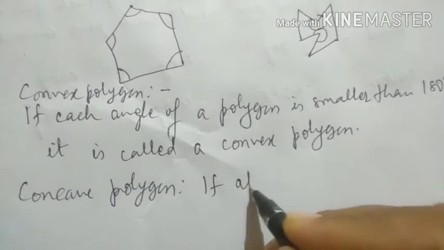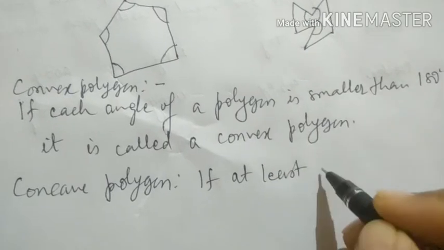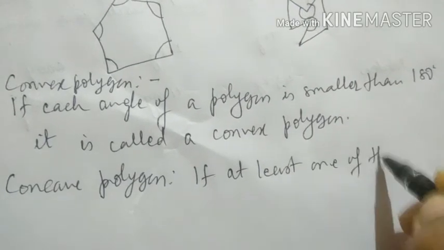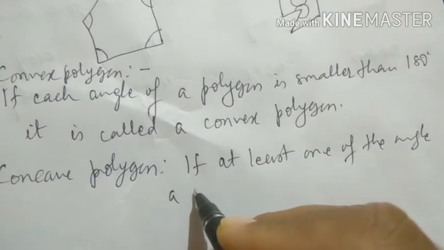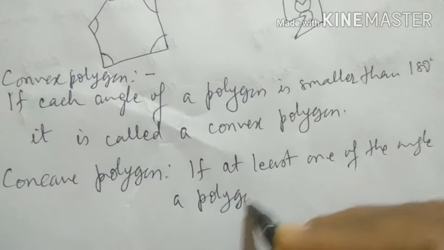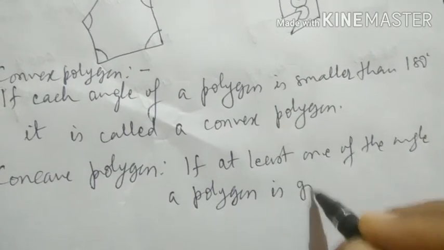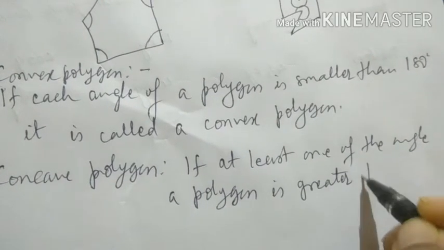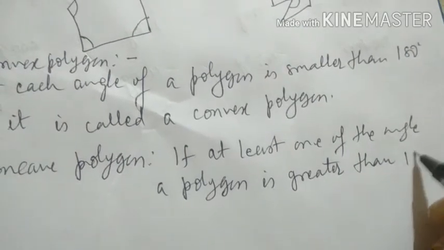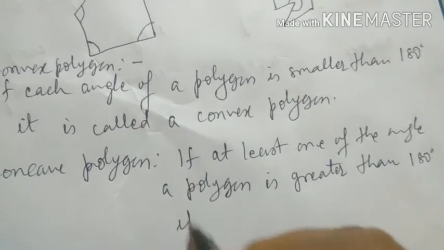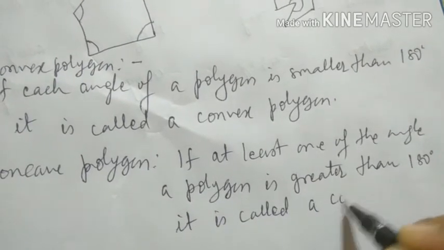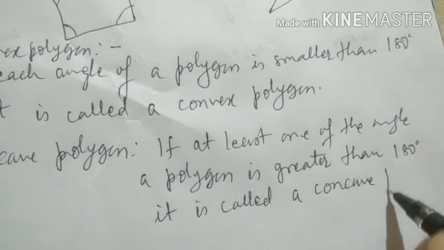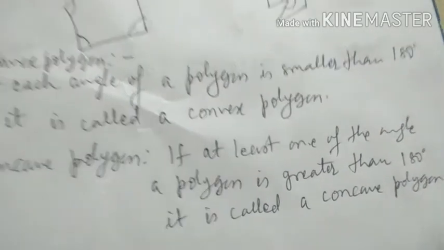If at least one angle of a polygon is greater than 180 degrees, it is called a concave polygon. Okay.